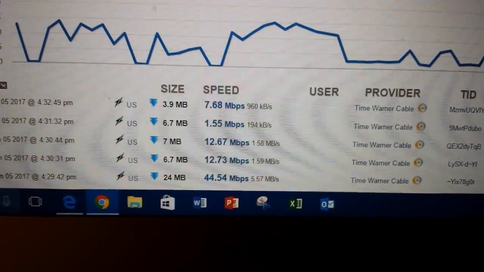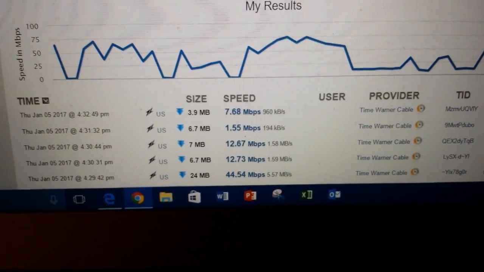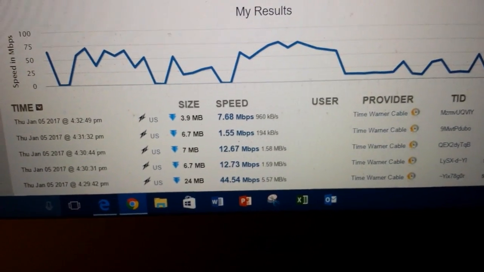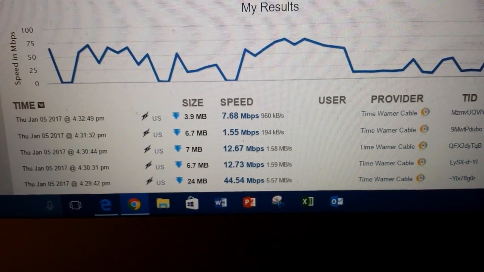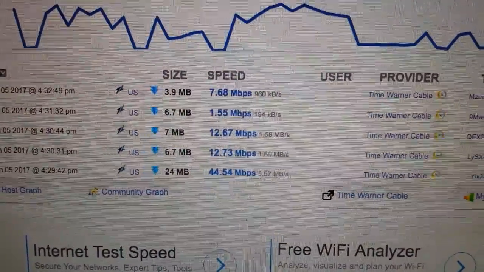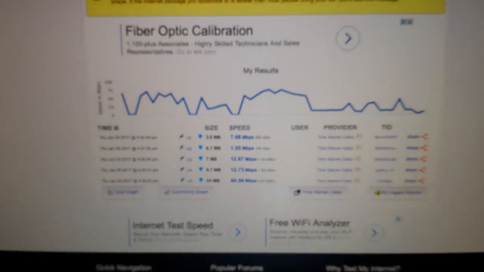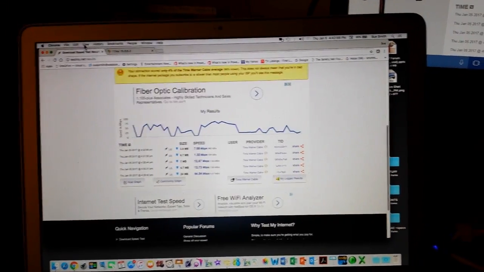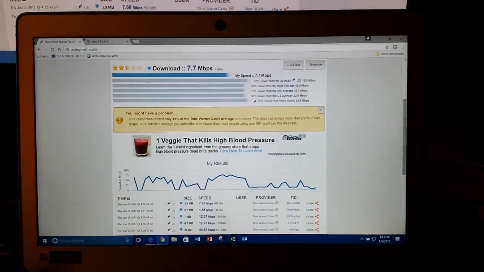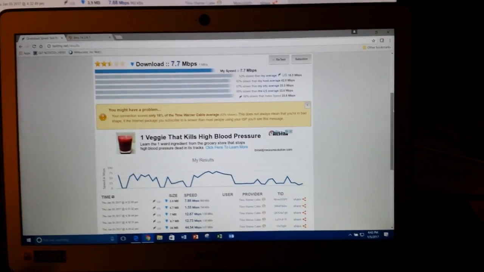It starts with 7.68, ends with 44.54. Same here. So I think we can really trust DSL Reports, which, by the way, got the nod of approval from Leo Laporte, the computer tech guy, who is at least nationally, if not internationally, famous.